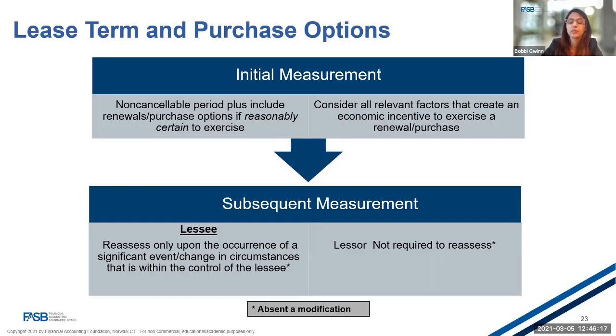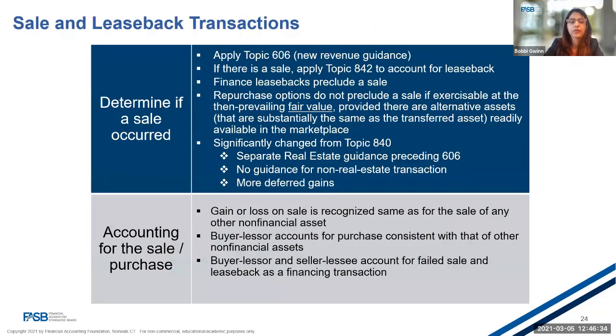And then there are certain adjustments made for initial direct costs, lease incentives, and accrued or prepaid lease payments to that lease liability amount to get to the right-of-use asset amount. We can go to the next slide now.